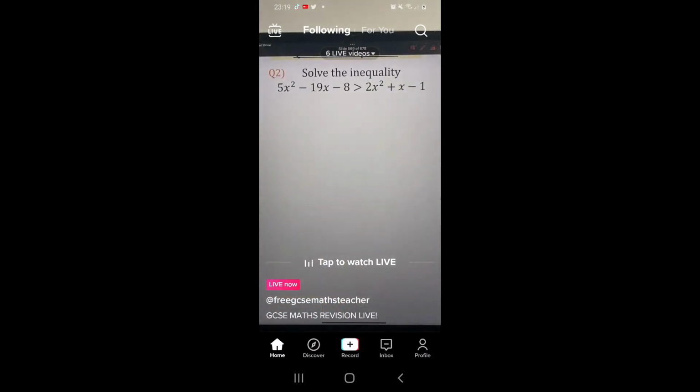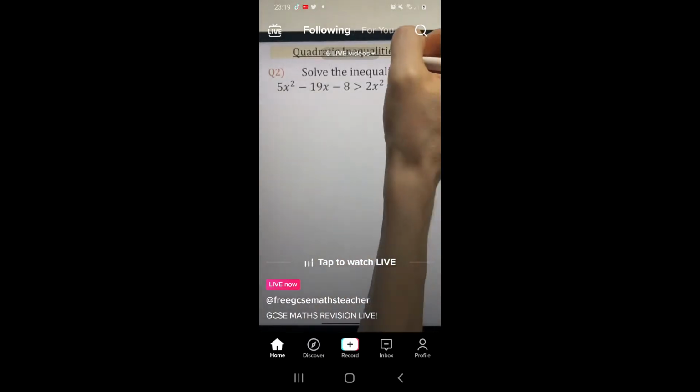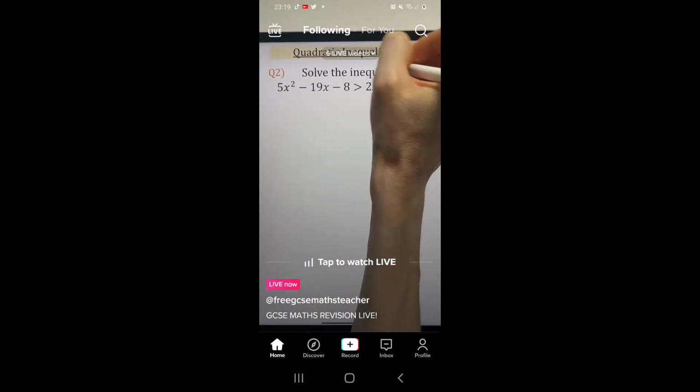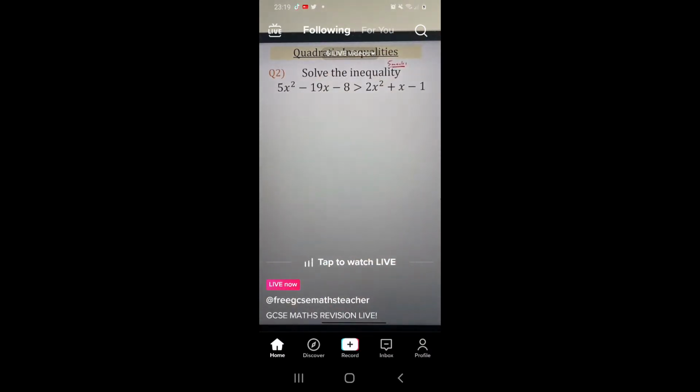It's asking you to solve the following. It asks you to solve the quadratic inequality 5x squared minus 19x minus 8 is greater than 2x squared plus x minus 1.